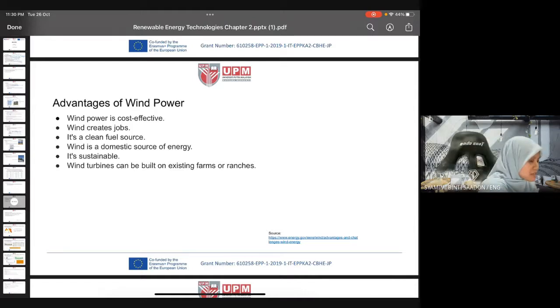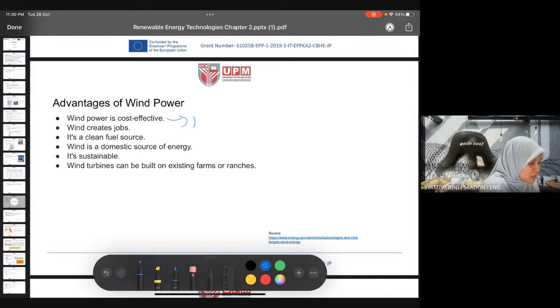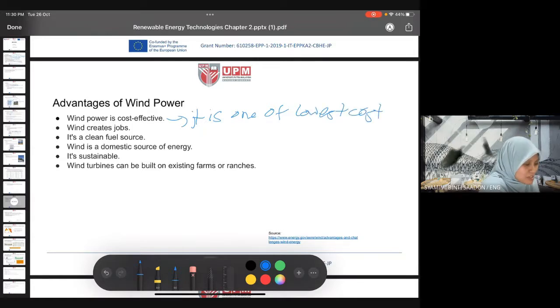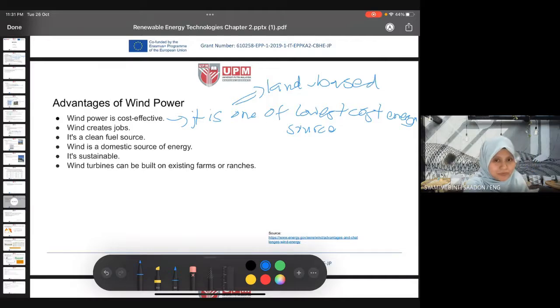It is one of the lowest, not the lowest. Land-based wind power usually costs about 1 to 2 cents per kilowatt hour.